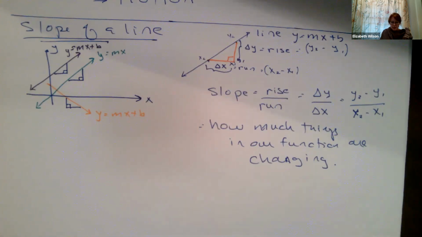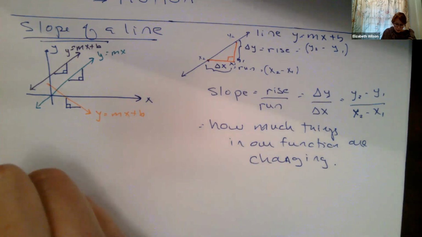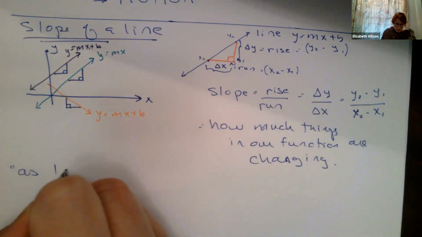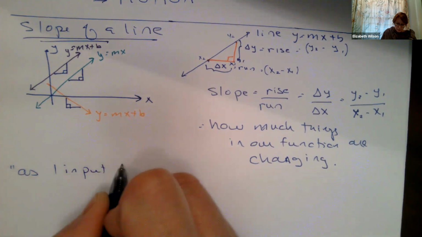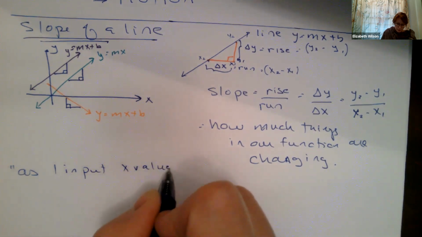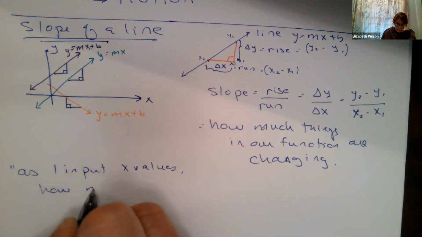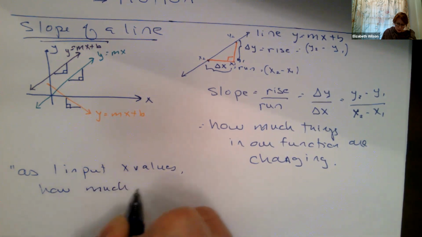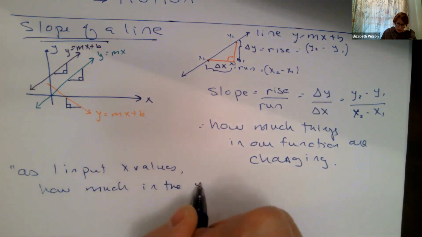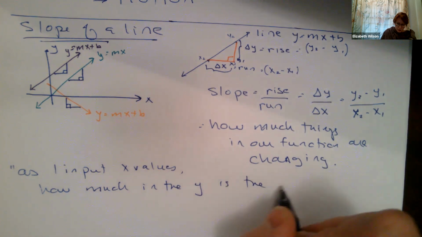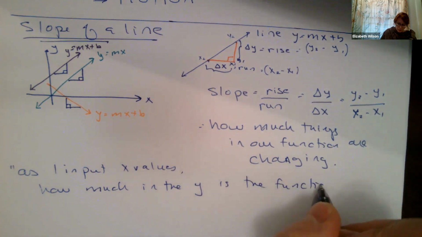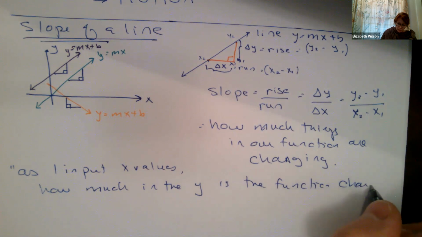I think about how much they're changing. Well, X is my input. So as I input more in the X, how much is it changing in the Y? So I can ask myself this question: as I input X values, how much in the Y is the function changing?